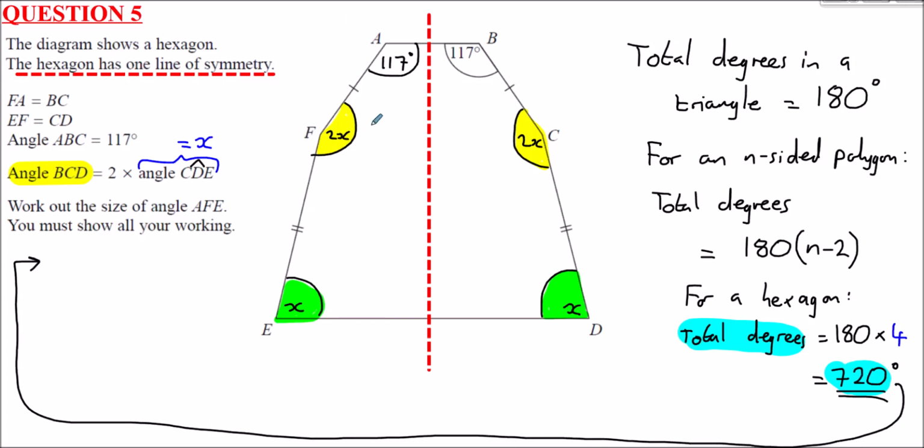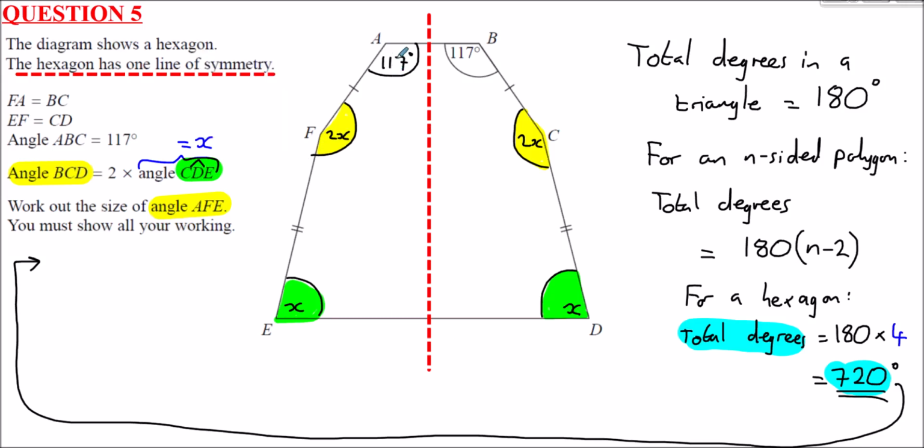So we can now get an equation in terms of x, and from that we can work out angle AFE. So we need to remember that AFE as well is going to be the same as angle BCD, which is going to be double angle CDE, which is the same as angle FED. Anyway, so let's do this equation.